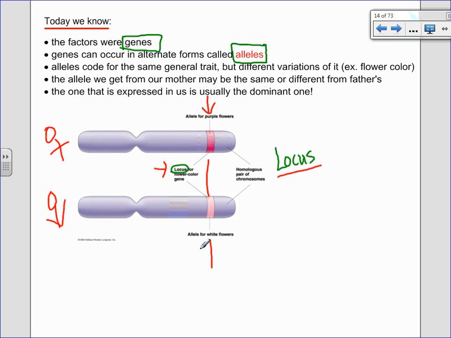And this one down here would be the allele, or version of the gene, same gene, but the version that codes for white. Since purple is dominant, we would say that's the P allele, and white is recessive. We'd say this is the little p allele. So alleles are different versions of the gene.